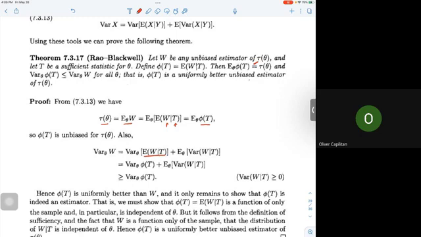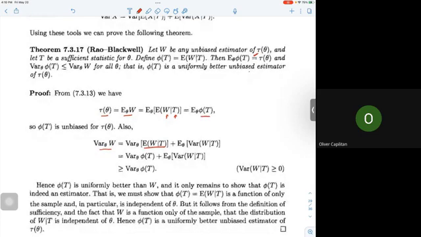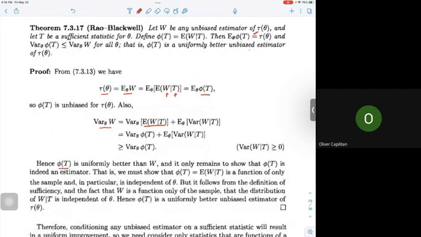So the variance of W is equal to the sum of these two terms: the variance of phi of T plus the expectation of the conditional variance. Since the variance is always positive, the conditional variance of W is positive, so its expectation will also be positive. Therefore, the variance of W is greater than or equal to the variance of phi of T. Hence, the function of our sufficient stat is uniformly better than any unbiased estimator W.